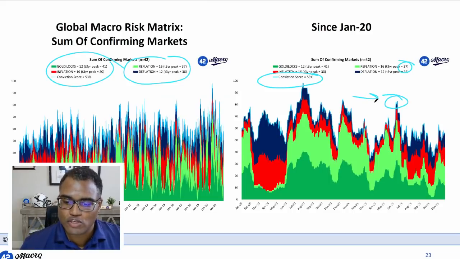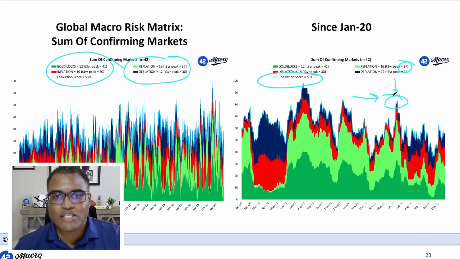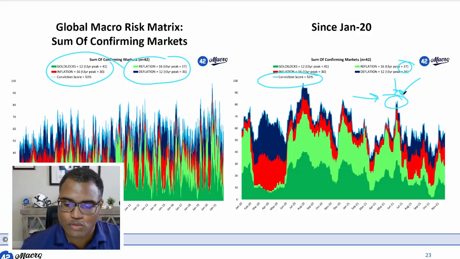And the conviction score, this light blue line in here, said that's a 99th percentile level of confirmation, which we infer as investors means investors are all on one side of the boat with respect to reflation. You've got to start to book gains, which we actually did in this particular interval, saying, look, a lot of reflation exposures are at risk here because everyone's already agreeing that it's reflation. And so that's one of the ways in which we use the process.